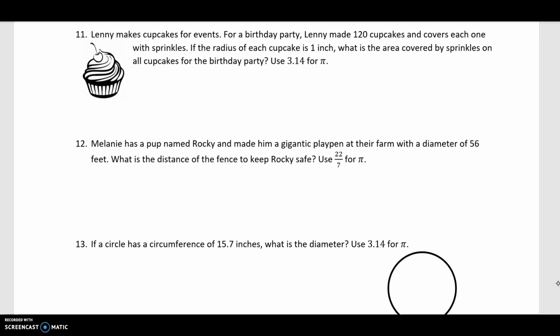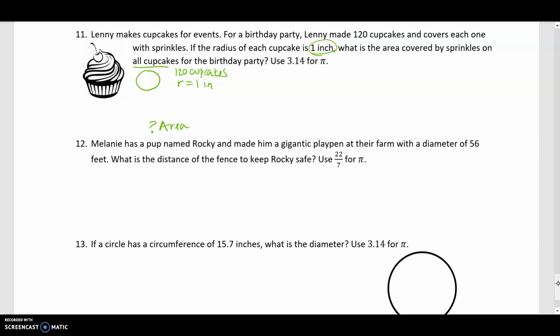Okay, so it gives us lots of information. So we have this circle, we have 120 cupcakes covered in sprinkles. If the radius of each cupcake is 1 inch, so radius is 1 inch. What is the area?